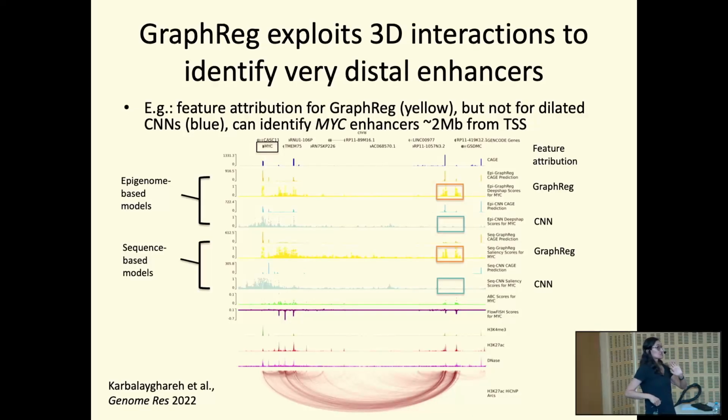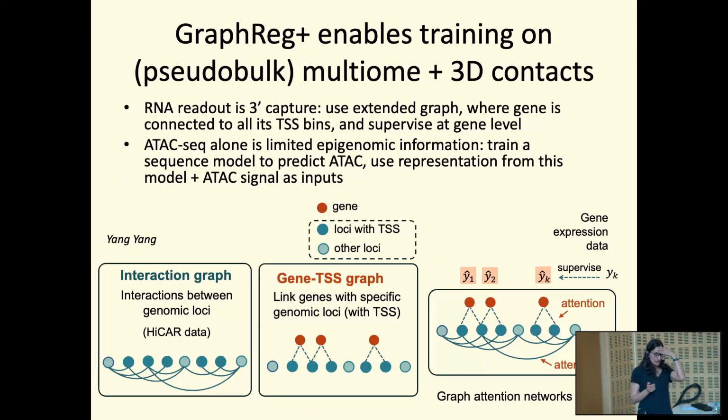This is actually true of the transformer models as well, that they underweight information from enhancers and focus on the promoter, the proximal region. And I think it's true even of the fanciest models, okay? So this graph information from Hi-C is actually very useful, right? And once you see it, you see that it's useful. So, okay, what do we need to do now?